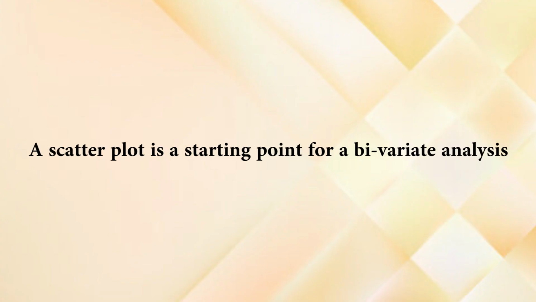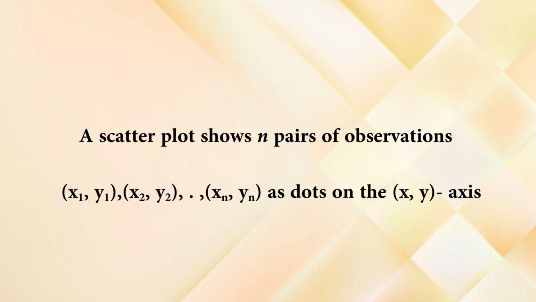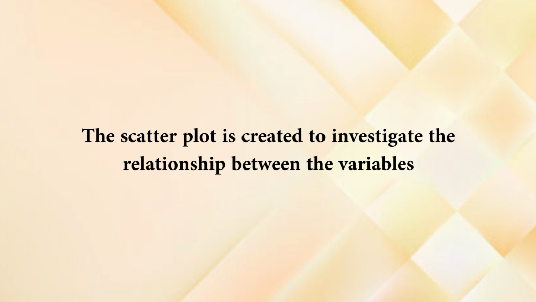Scatter plot. A scatter plot is a starting point for a bivariate analysis. A scatter plot shows n pairs of observations as dots on the x-y axis. The scatter plot is created to investigate the relationship between the variables.